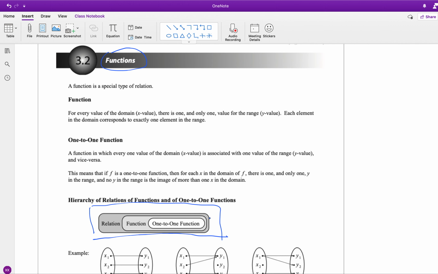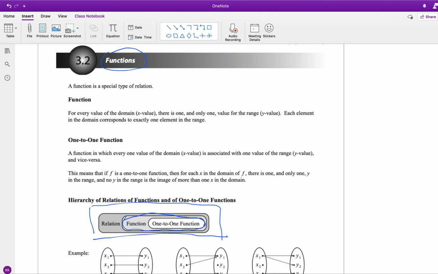This entire box is for everything that has a relation. That means if there's an x and then there's a y. Now, there are smaller things within this large box, and that is function. So compared with the relations, only some of the relations are called functions.